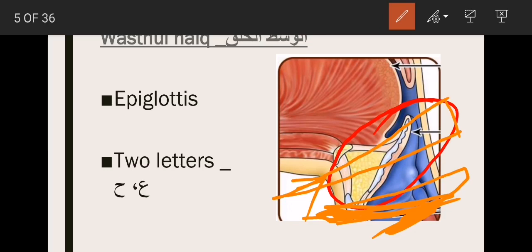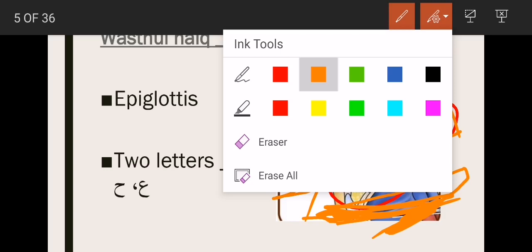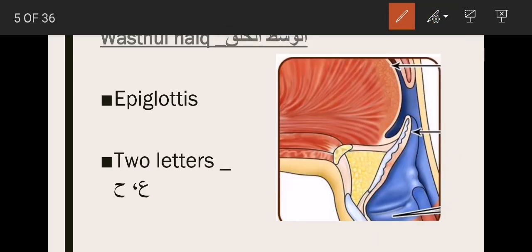In that area we will find a particular organ called the epiglottis. The epiglottis is the organ that helps us in the formation of 2 letters. Similarly, from the aqsal halq we get 2 letters, the hamza and ha. Similarly, in the wasthul halq we also get 2 letters, ayn and ha.